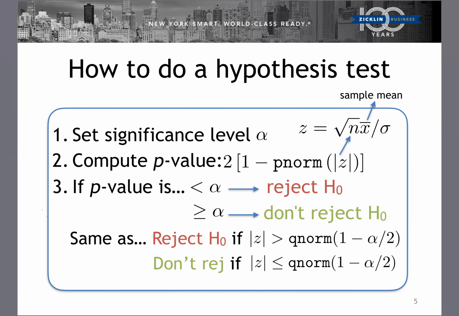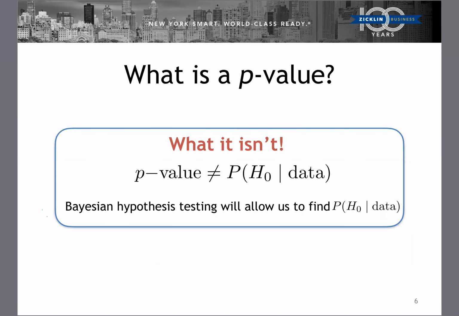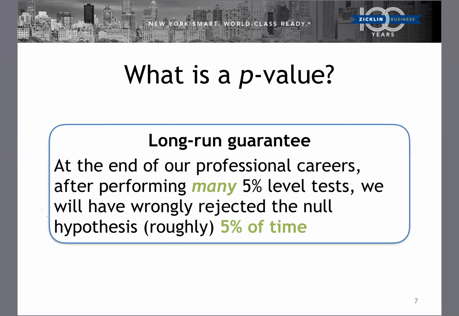If you get a p-value of 6%, you cannot say that there's a 6% chance that you're getting it wrong by rejecting the null. So we have to be careful. P-values come with this long-run guarantee that 5% of the time you're going to be wrongly rejecting the null. But any given data set that you get will lead to a decision that might be either right or wrong.